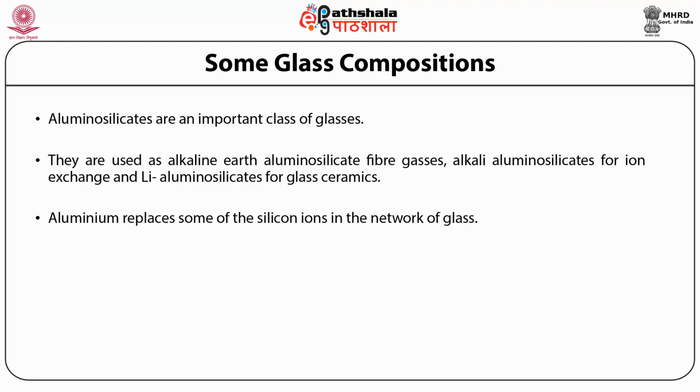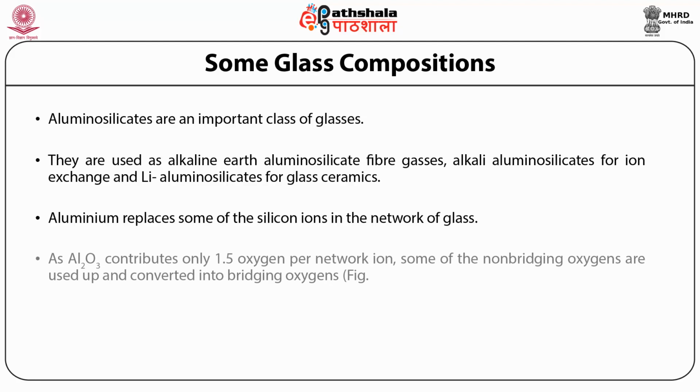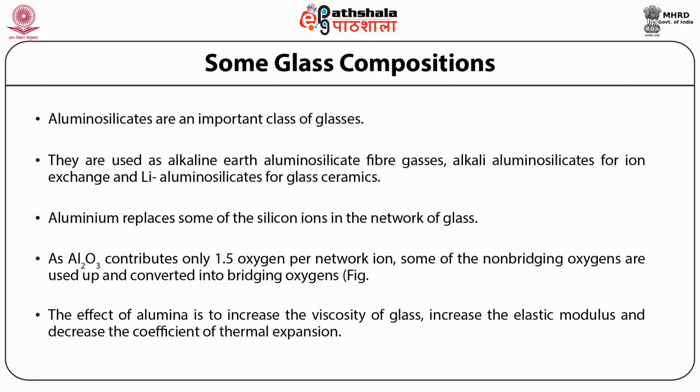Aluminium replaces some of the silicon ions in the network of glass. As Al2O3 contributes only 1.5 oxygen per network ion, some of the non-bridging oxygens are used up and converted into bridging. The effect of alumina is to increase the viscosity of glass, to increase the elastic modulus, and to decrease the coefficient of thermal expansion.